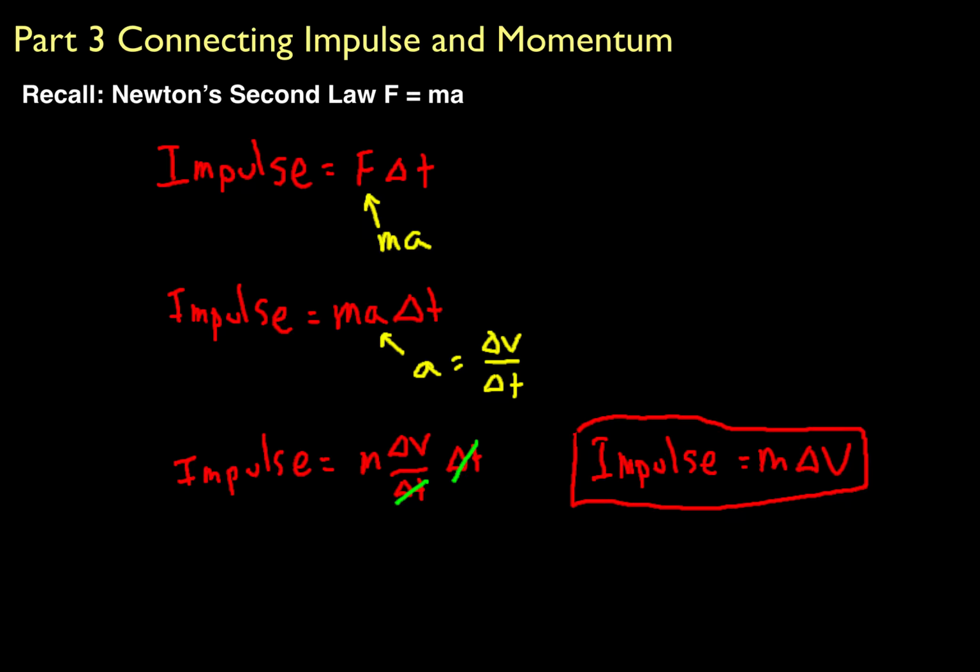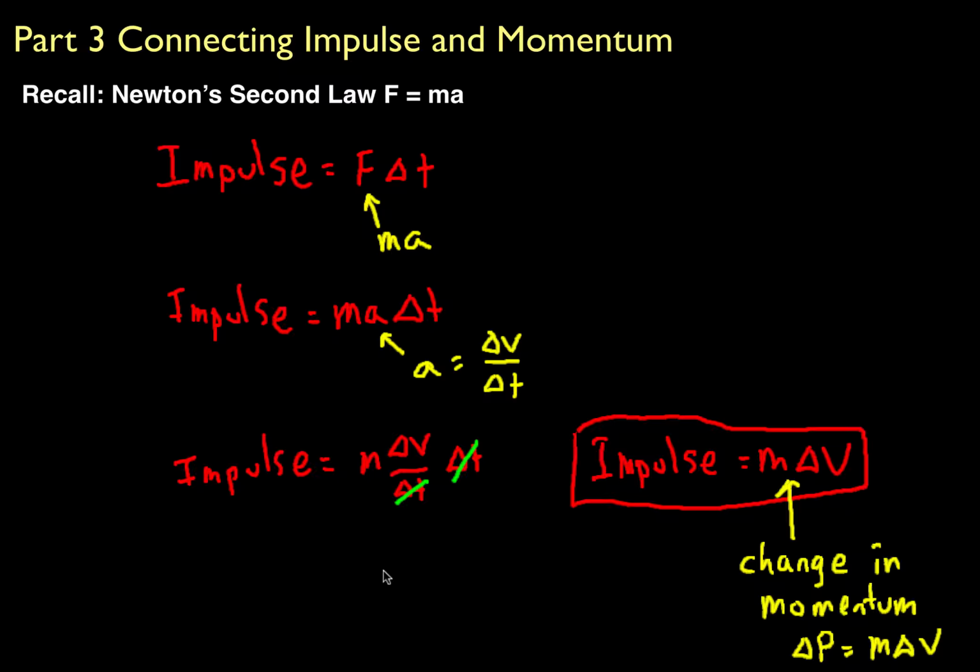Now, m delta v looks very familiar. Momentum is mv, so it makes sense that m times change in velocity would be a change in momentum, or delta p equals m delta v.